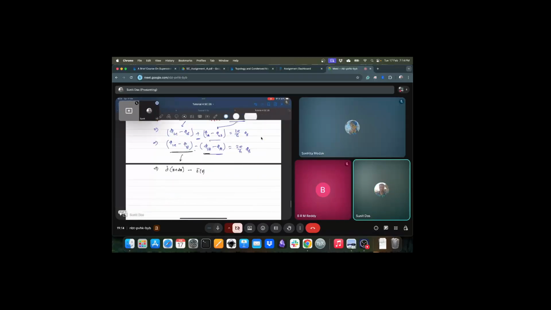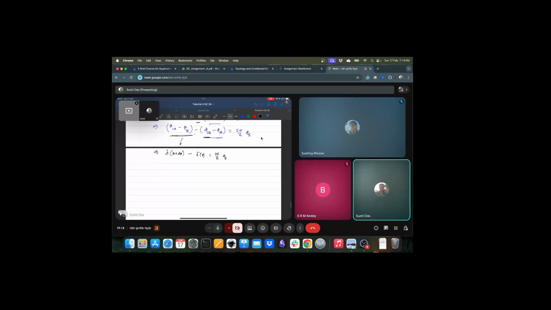Okay, so this we will write as 2e by h bar phi of b, and this is essentially, for a small region, we can write as d of delta of x. d is the derivative. Okay, and it will be 2e by h bar.